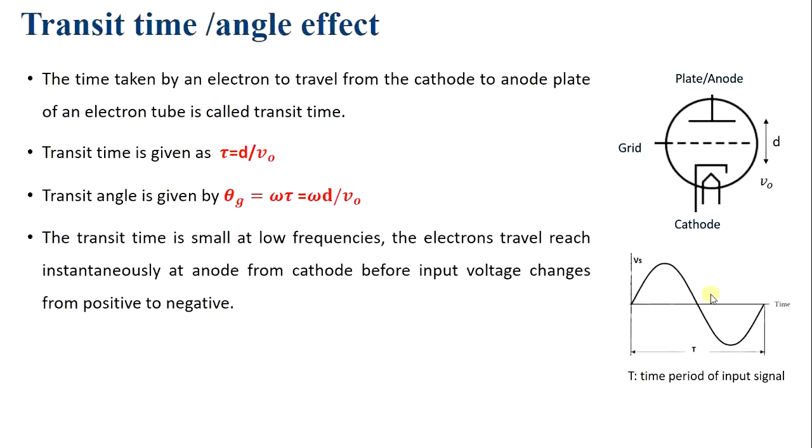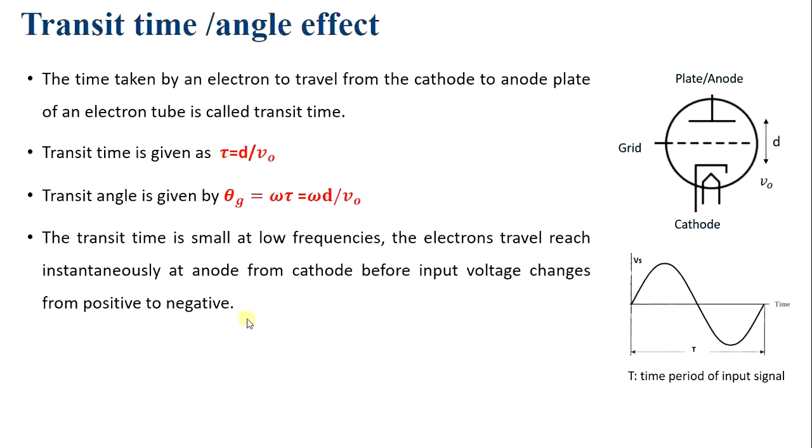But as the voltage changes from positive to negative, the electrons are attracted towards the cathode. The transit time is small at low frequency: the electrons travel and reach the anode from the cathode almost instantaneously, before the input voltage changes from positive to negative. But this is not so at high frequency.